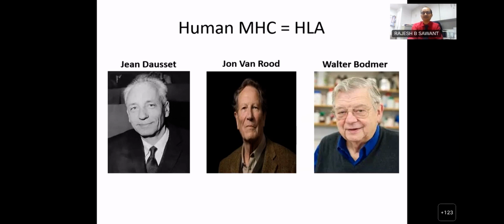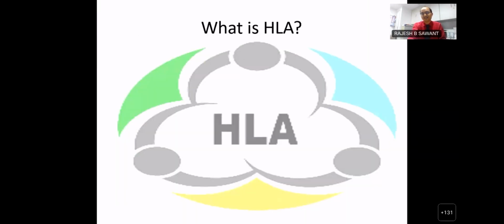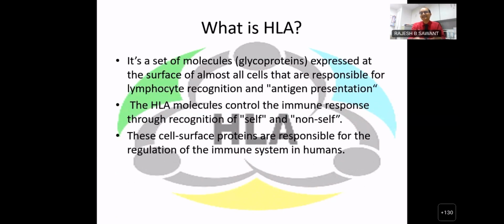Then we have Dr. Dausset, then Jon van Rood, Walter Bodmer, a lot of them; I could only name a few of them here. Terasaki, you must have heard about Terasaki plates, and we will look at them a little later. These are the scientists who have tremendously contributed to the field of HLA, and that is how today we are at least able to define and understand a part of it. I'll come to that later, why I'm saying that we are just understanding a part of this concept of HLA.